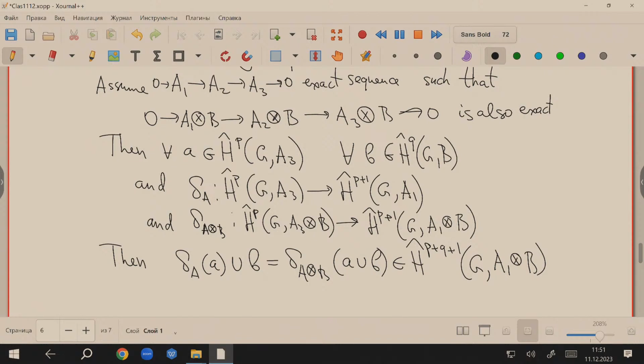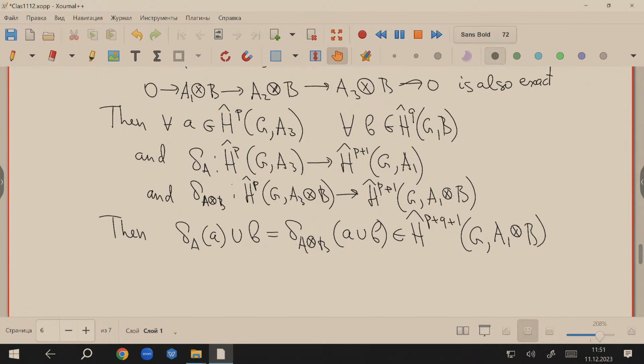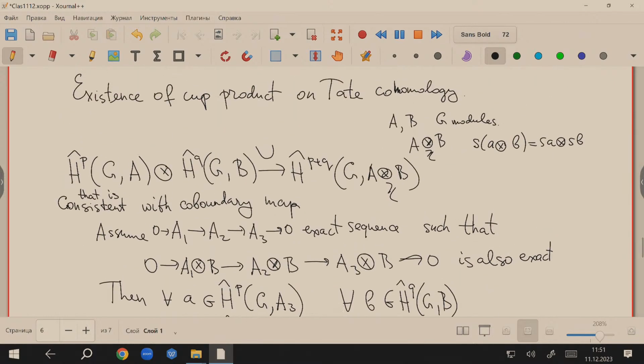Not by resolutions, but by exact sequences between the modules. Something like this, up to the ordering: there is A, etc., B that ends in B, and you can think of a resolution.